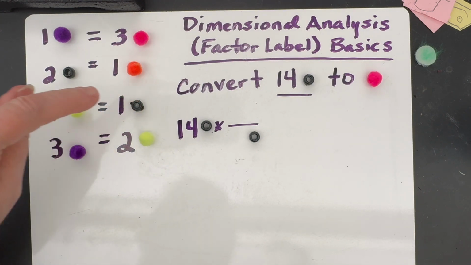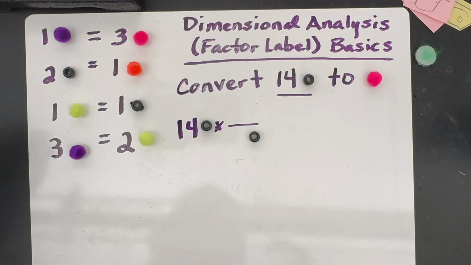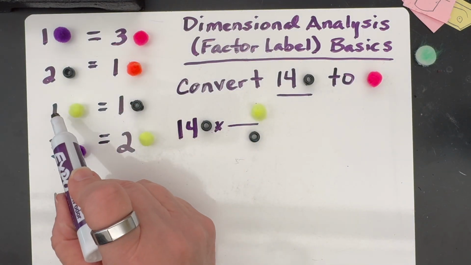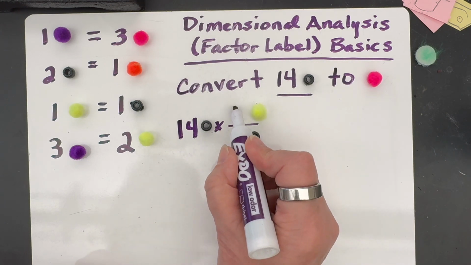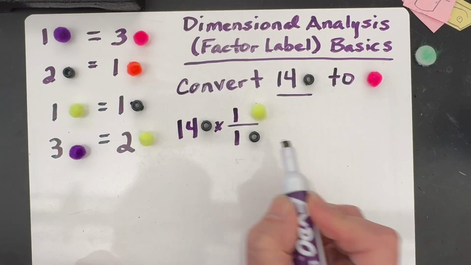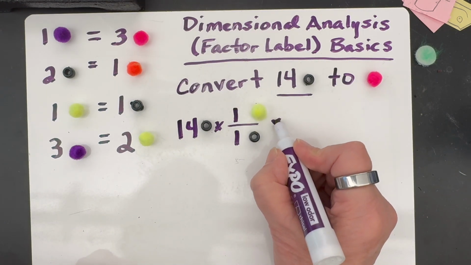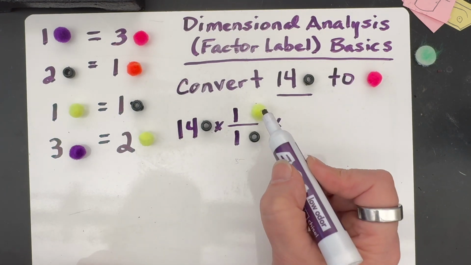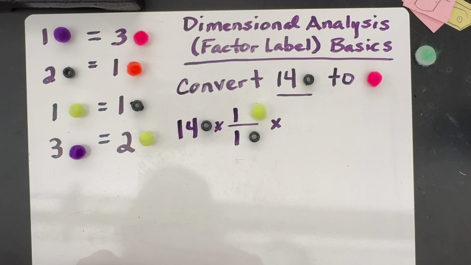Or we can go black beads to yellow. And our conversion factor for that is 1 to 1. So 1 black bead is equivalent to 1 yellow fuzzy. So black beads cancels. And right now we're left with yellow fuzzies.